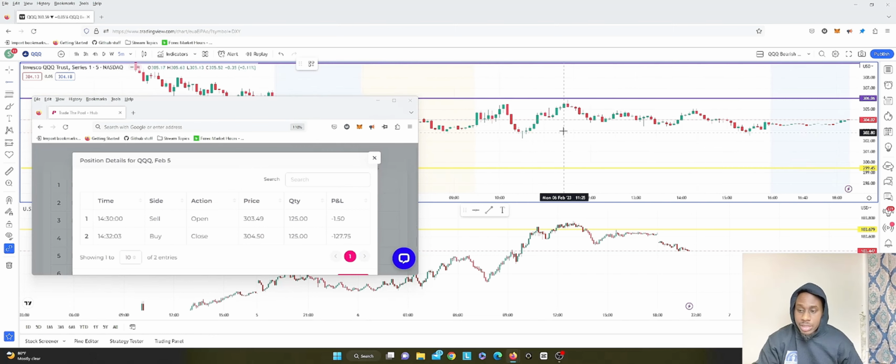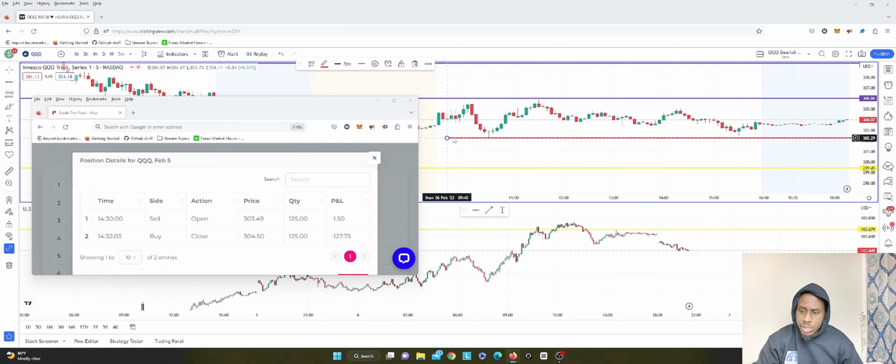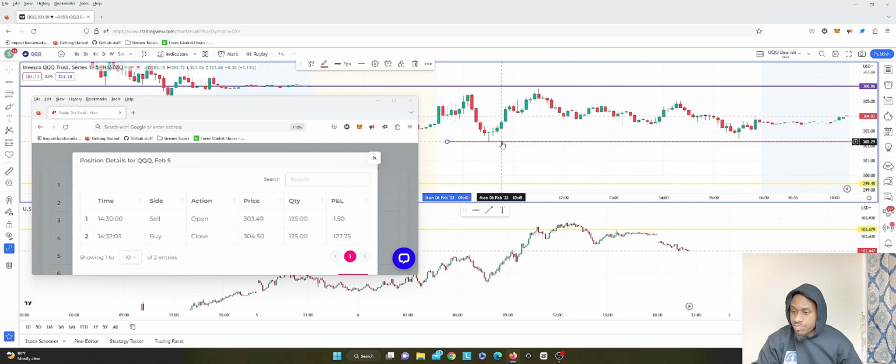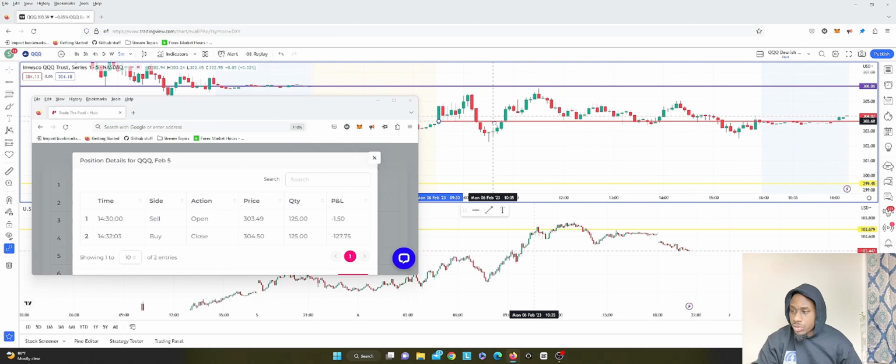So I'll show you where I entered here. So at 4:30 I entered at 303.49.